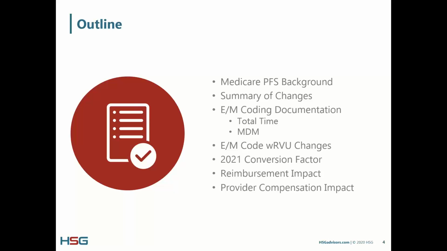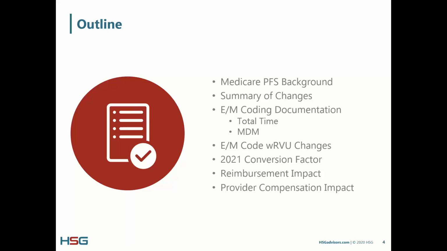So what we would propose to cover in this educational session is a little bit about the physician fee schedule background and what's behind it and what it does. A summary of the changes, and we'll focus first on some of the changes that are significant but perhaps not as well known in this final rule, and then provide greater detail of what I would refer to as the big three items coming out of this final rule: the E&M coding documentation changes for the common office-based E&M encounter codes.